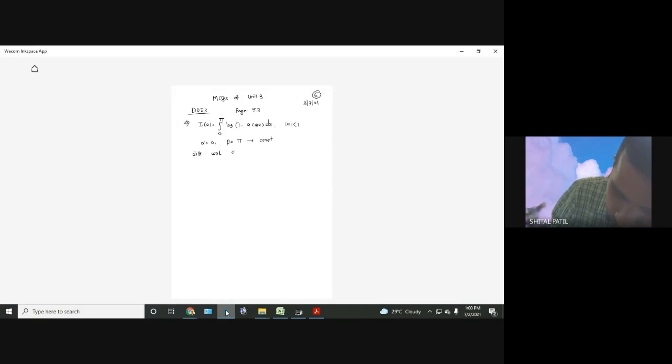Differentiating with respect to A and using DUIS rule 1.